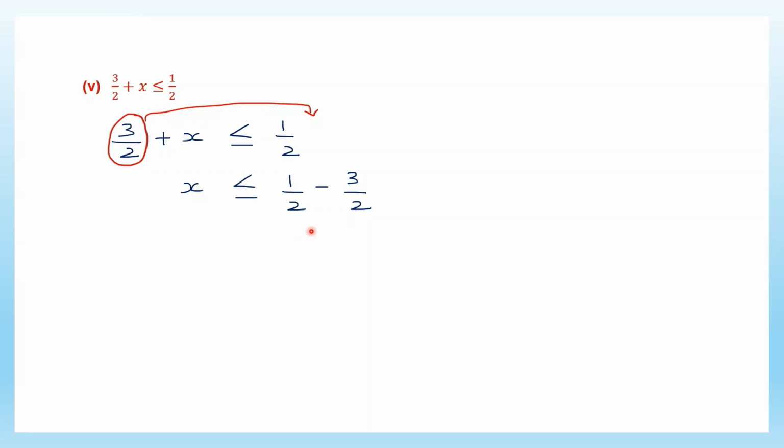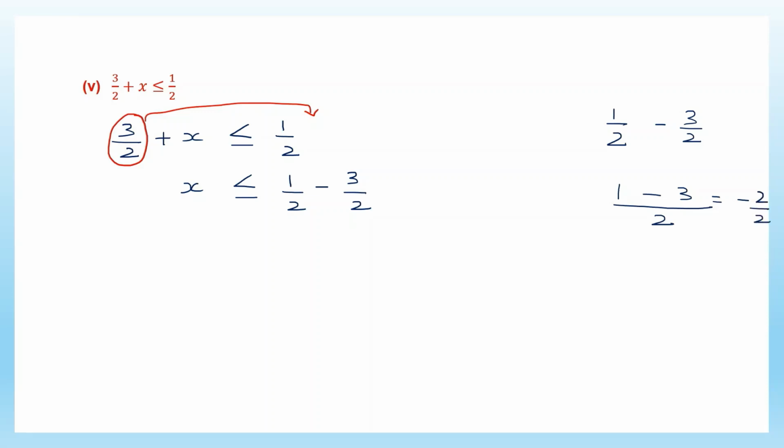So now let's find the solution to this. Let's simplify this. We have to find 1 by 2 minus 3 by 2, which is subtraction of fractions, isn't it? So let's do it. Now 1 by 2 minus 3 by 2. Now the denominators are the same, so we can use the same denominator as our LCM and just subtract the numerators. So 1 minus 3 is minus 2, isn't it?